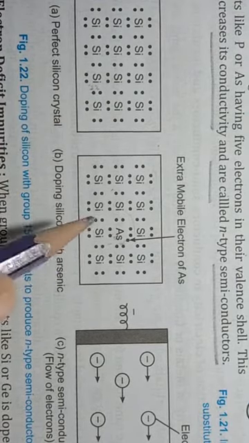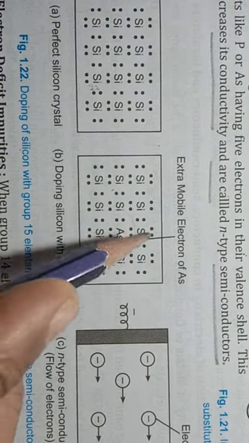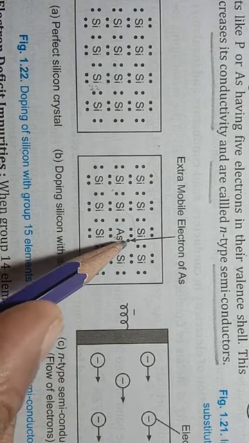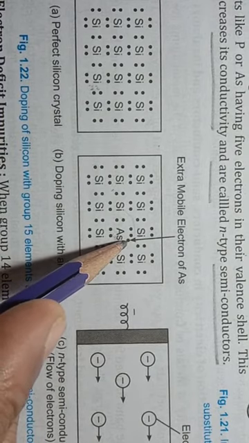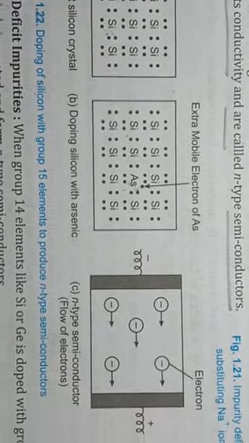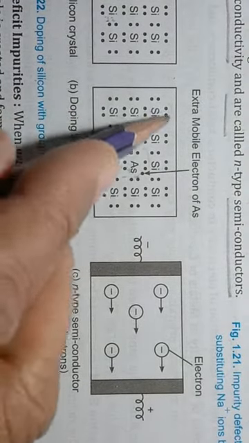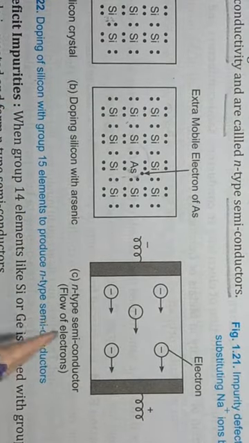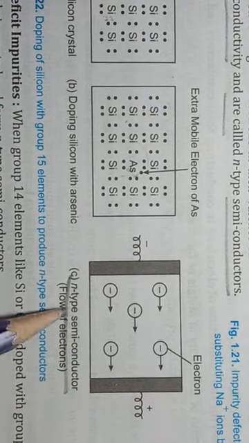Due to the presence of electron rich element and extra electron, and electrons being negatively charged particles, this doped substance or doped crystal is known as n-type semiconductor.